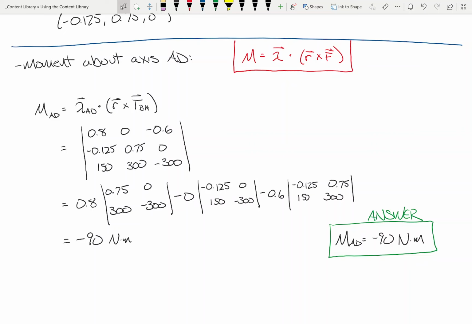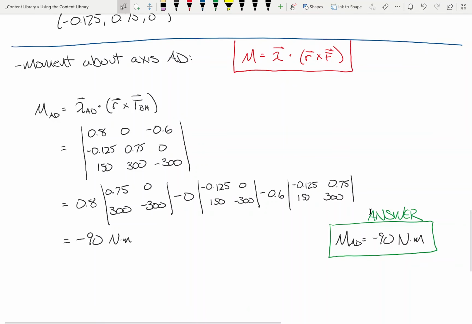Now, if you had to chug this out in a calculator, what magic number in these computations makes it so much easier? 0, right? For example, do I have to do this one at all? So maybe if I had an R vector with a bunch of zeros in it, it would make my life a whole lot easier, right? Remember how I said that there's multiple different R vectors that you could use?